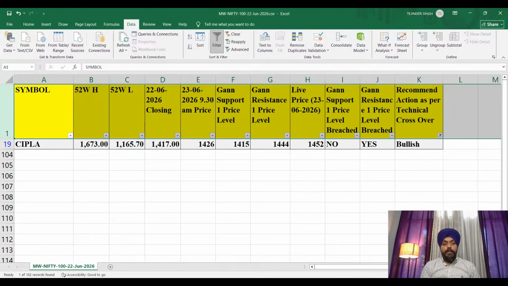So I found that Cipla is trading above its resistance 1. Okay, so 1452.